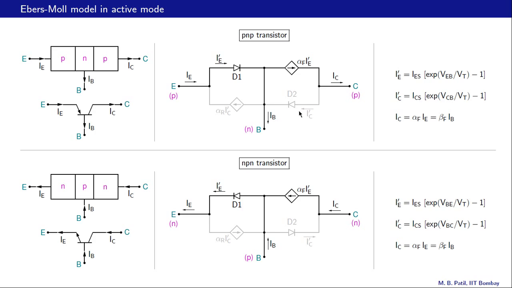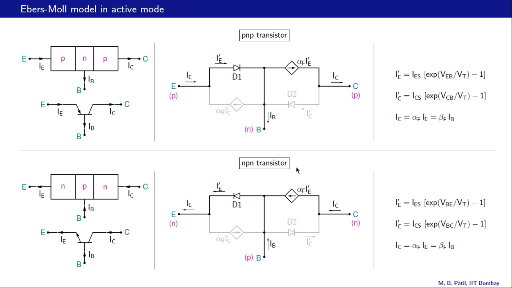So this current is very small, and we can treat that as an open circuit, and that's why it appears in a light color. If this IC prime is small, alpha R times IC prime is also small, and therefore that is also an open circuit. Then the Ebers-Moll model boils down to D1 and this current controlled current source, and that is exactly what we considered earlier.